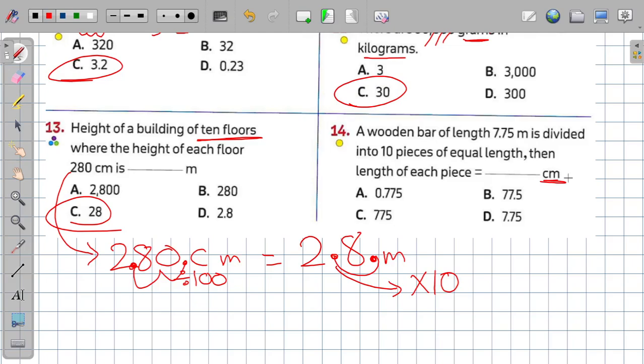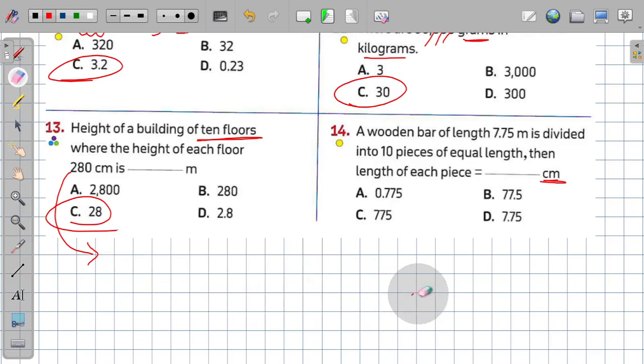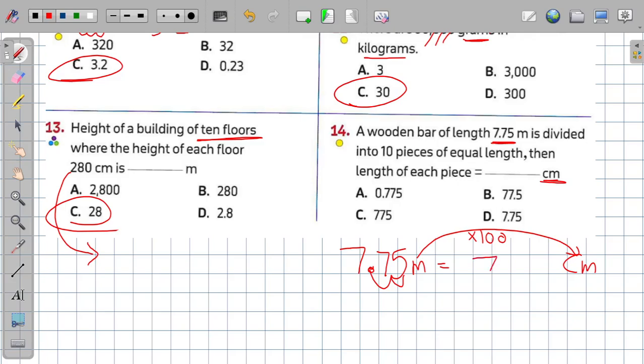Okay, so let's convert first the length of the wooden bar to centimeters. So I have 7.75 meters equals how many centimeter? So we will multiply by 100. So I have 7.75 equals what? I have two places, so the result will be 775 centimeter.